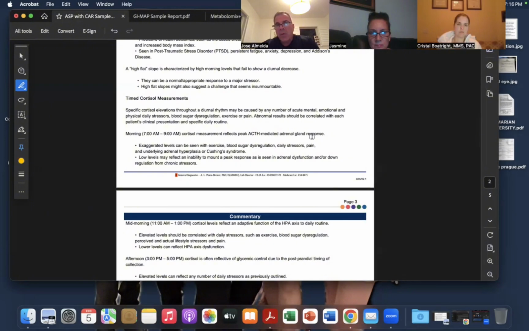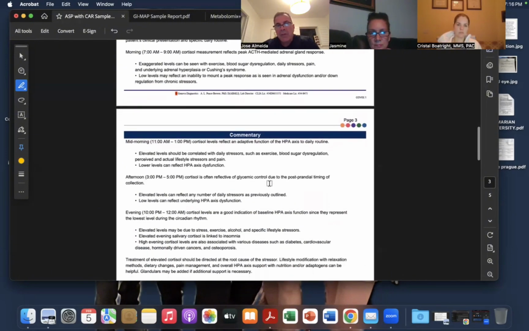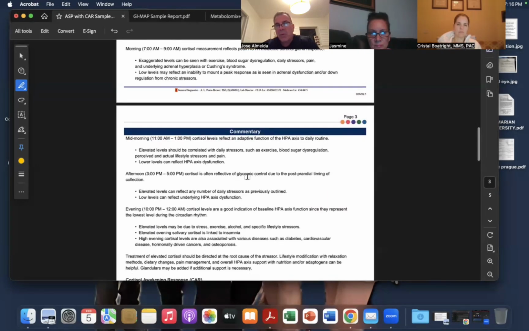Cortisol releasing hormone from the hypothalamus talks to the pituitary, which produces ACTH, which goes down to the adrenal and tells it to produce cortisol out of the cortex. So this goes back to HPA axis. The mid-morning still reflects HPA axis. Afternoon, and this one's glycemic control.